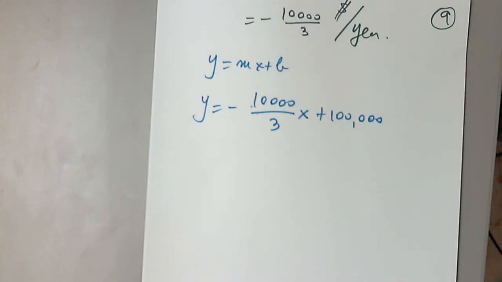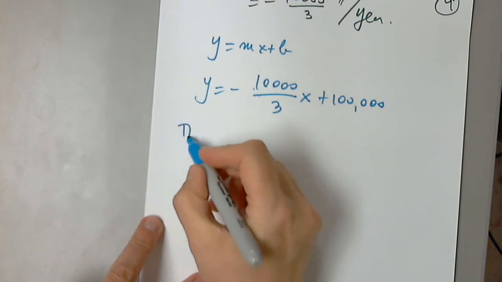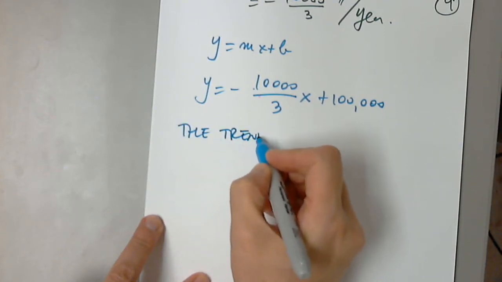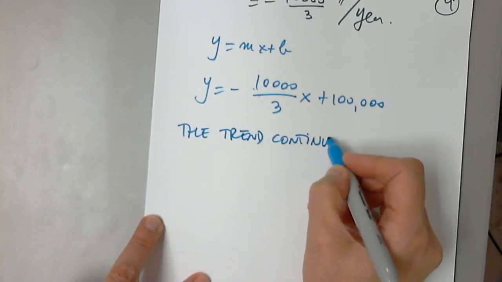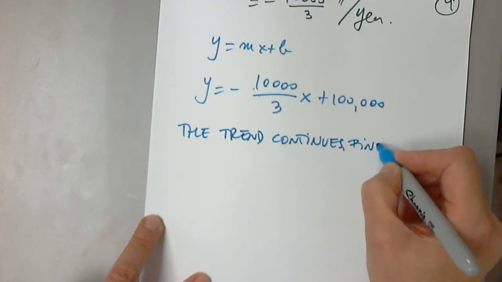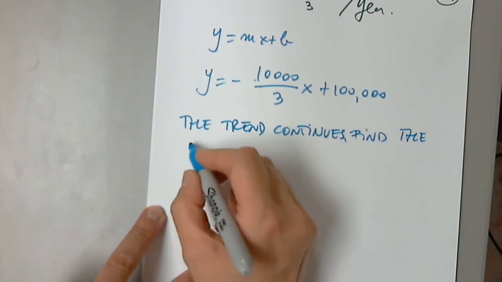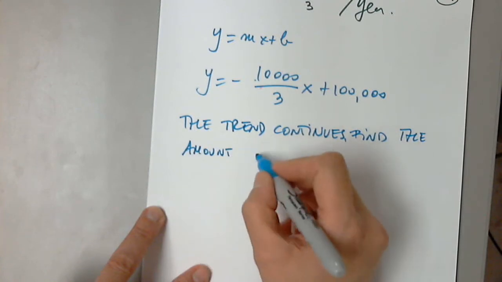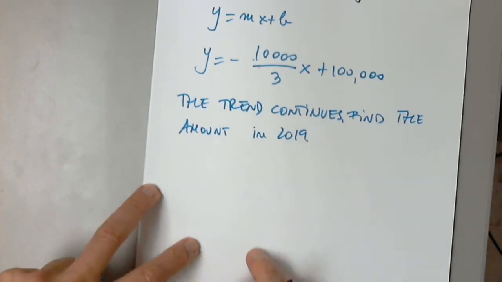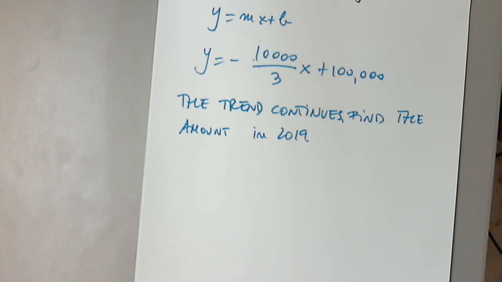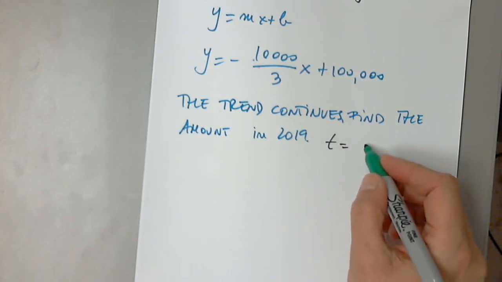Assuming that the trend continues, how much money is left in this investment in 2019? So the trend continues. Find the amount in 2019. In our scenario 2019 represents t equals 9.